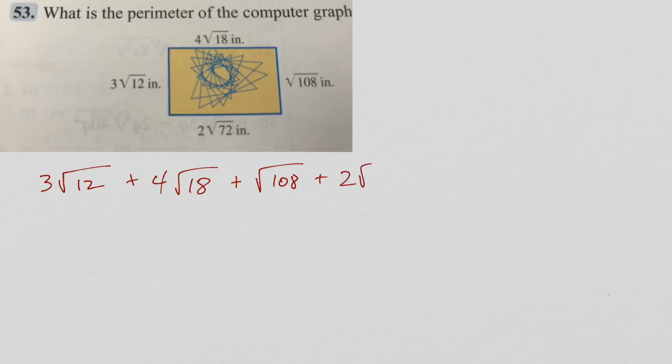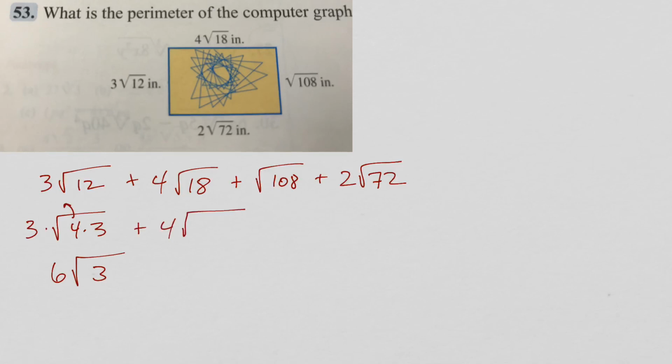Okay. This is 4 times 3. So, oops, let's just do this in one step. I take out the 4, it becomes a 2. I multiply by the 3, and it becomes a 6. This 18 is 9 times 2. I take out the 9, a square root, it becomes a 3. I multiply by the 4, and I get 12.